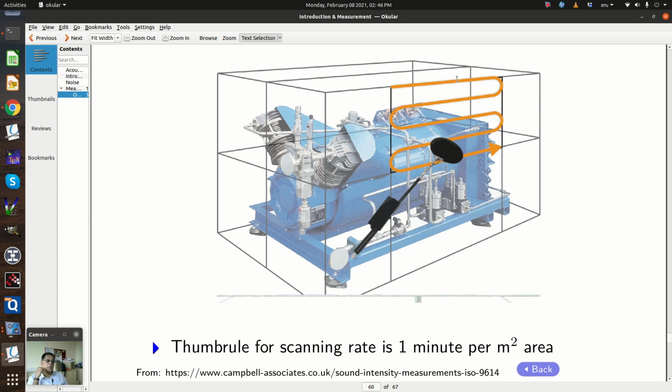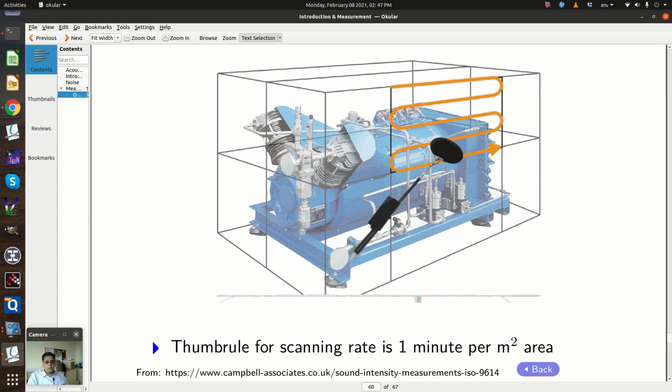You can see this intensity probe has an air filter, and to prevent flow noise we have a foam put on the microphones. You scan first vertically, then come down, then horizontally, come down a little bit, scan again, come down. So I can scan this entire area.